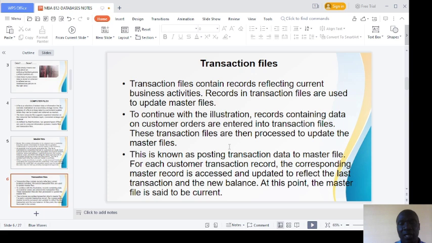Now a serial organization simply means that information is organized serially, which means one after the other. Record 1, record 2, record 3, record 4, etc. That's serially. Record A, record B, record C, etc. Sequential also means one after the other, but using some kind of identification.